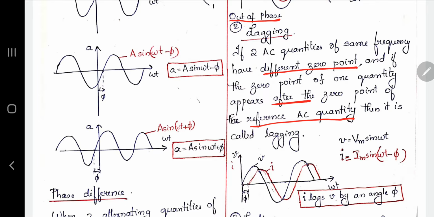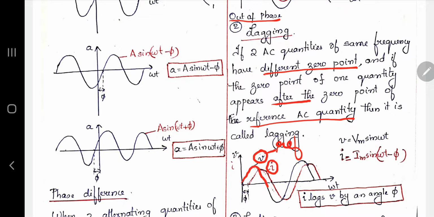So how can we say? For example, in this case, the two quantities being compared are voltage and current. To understand the concept of lagging and leading, we should first select one as the reference quantity. In this case, I am going to take V as the reference quantity, so the voltage waveform is the reference here.